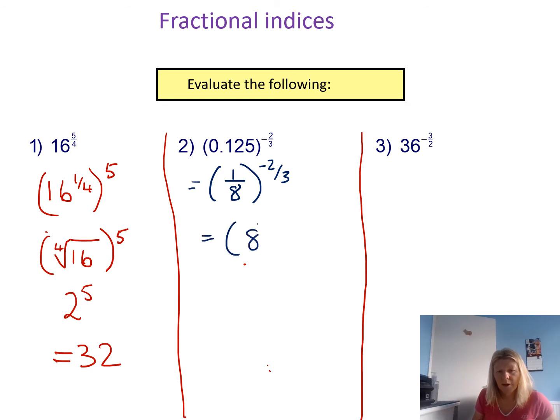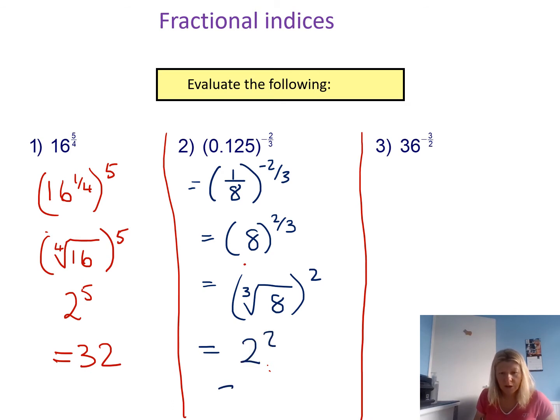So 8 to the power 2/3. Up to you, but I'd probably do the cube root of 8 and then square it afterwards. So dealing with the third first, what times itself 3 times makes 8? Again, it's 2, so it's 2 squared, which equals 4.